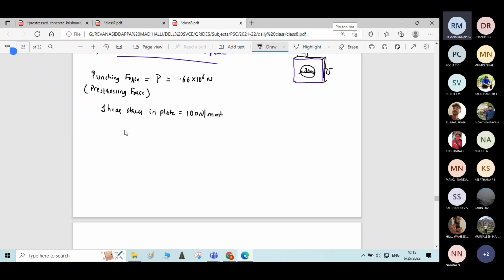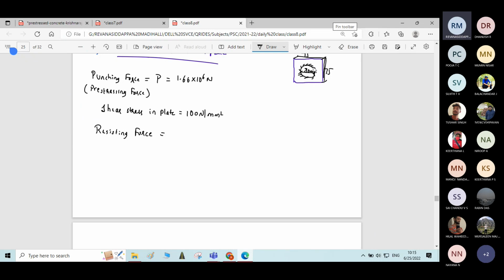If you know the shear stress in the plate, you can find the resisting force in the plate. The punching force is acting over this periphery, correct? The punching force will exist along the periphery of the cone on the plate.